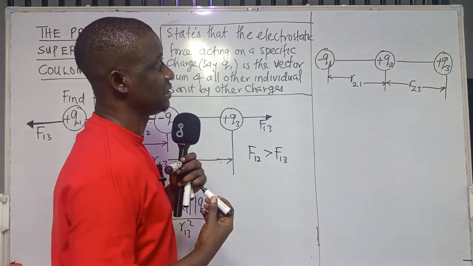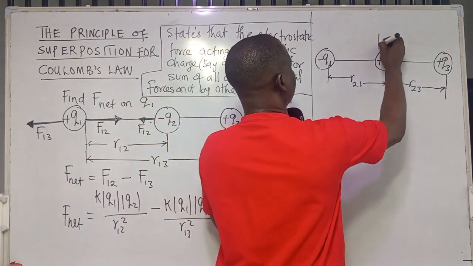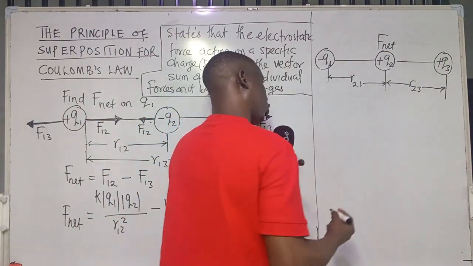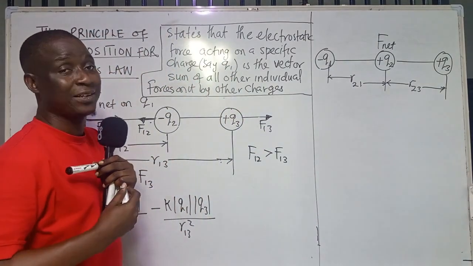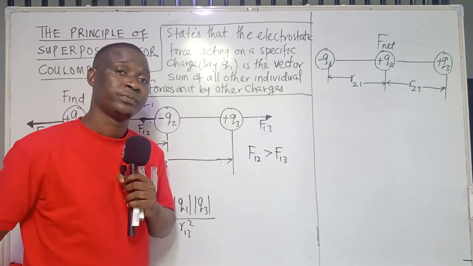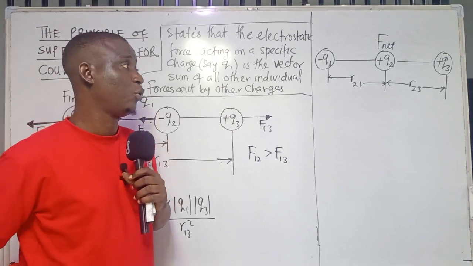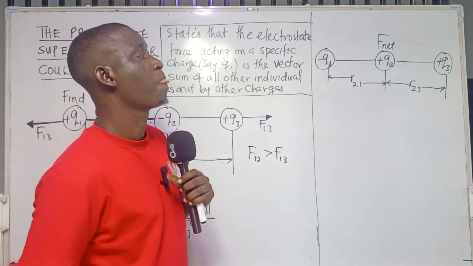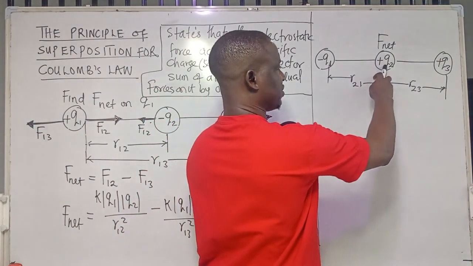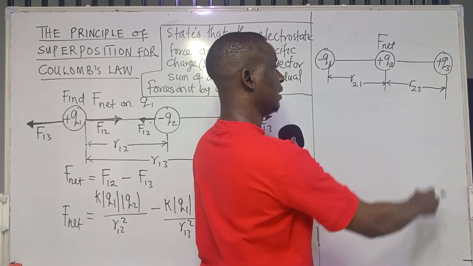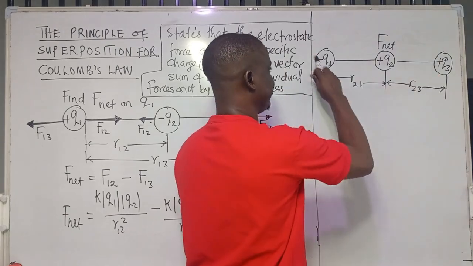Now in this analysis, I want to find the net force on Q2. I want to find the vector sum on Q2. Follow me. Now, this is positive charge and this is negative.